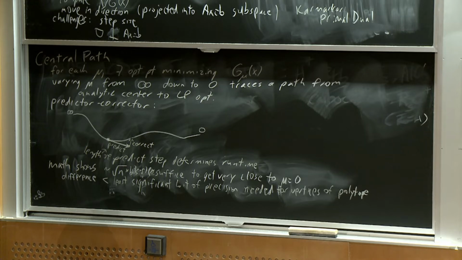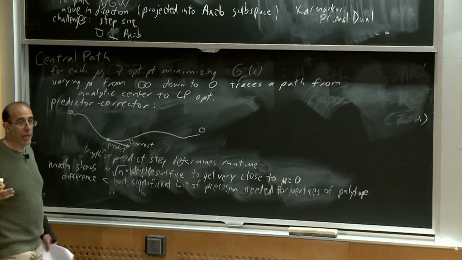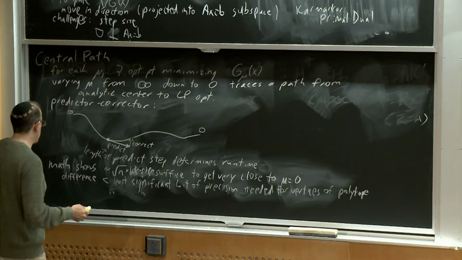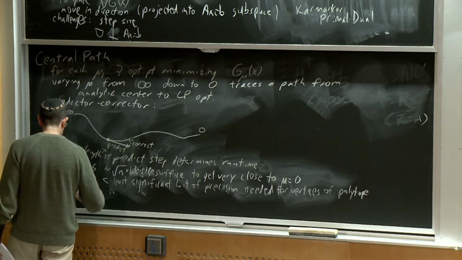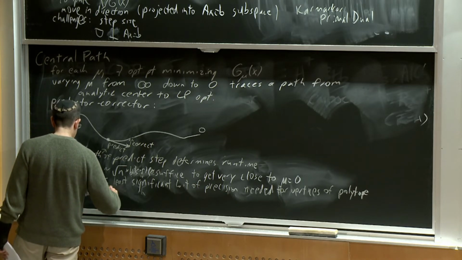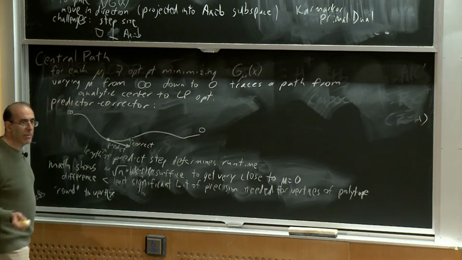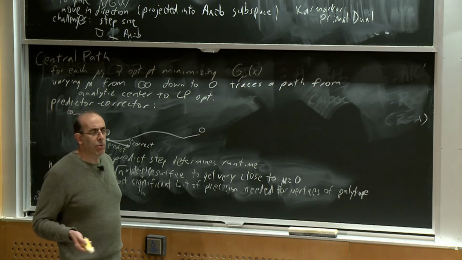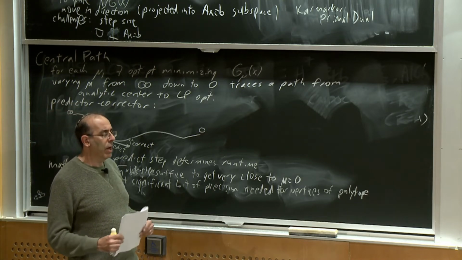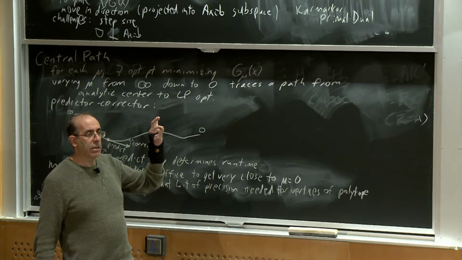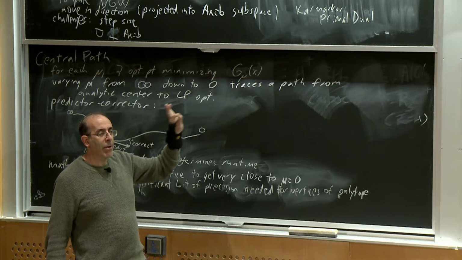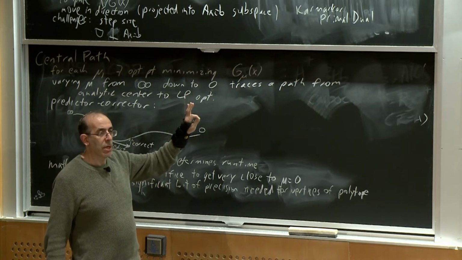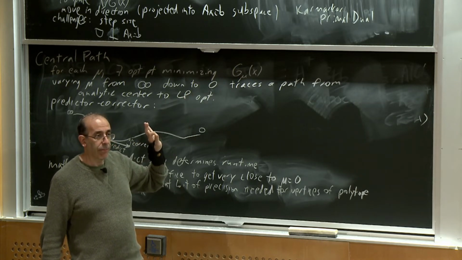Once you are close enough to a vertex so that your errors are smaller than the smallest significant bit, now you can round your solution to an actual vertex using the same techniques as we talked about. You remember we showed if you're not at a vertex, you can move to a vertex by rounding your solution, in a sense, without making the objective worse.